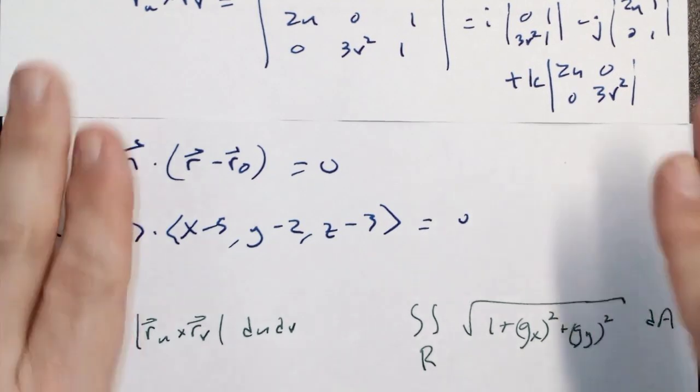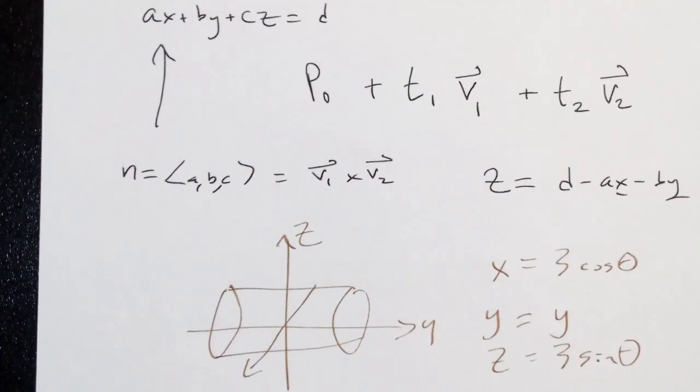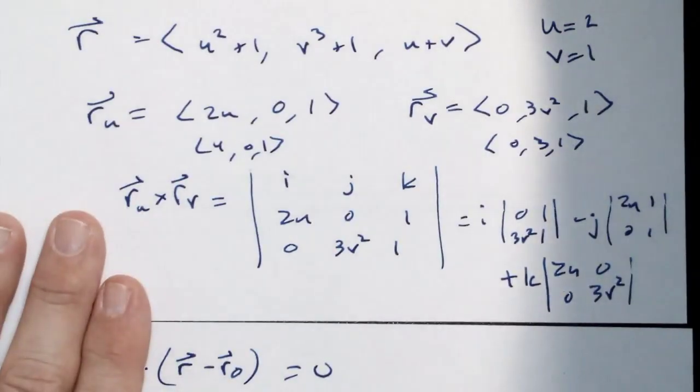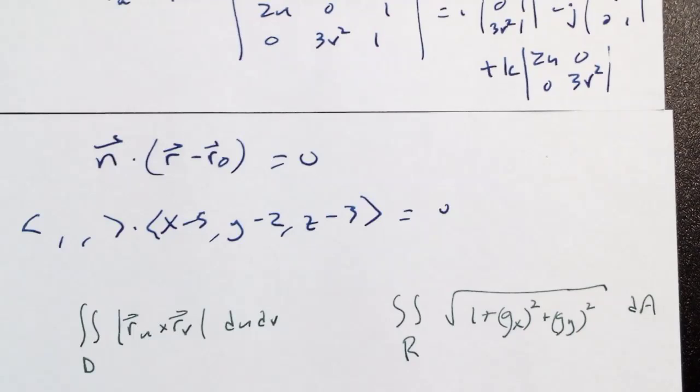Which means way back here, if I want to find the surface area of this cylinder, I can do it in theta and y. Which makes sense. Isn't it the circumference times the height for the area of the cylinder? Change in theta, change in y.